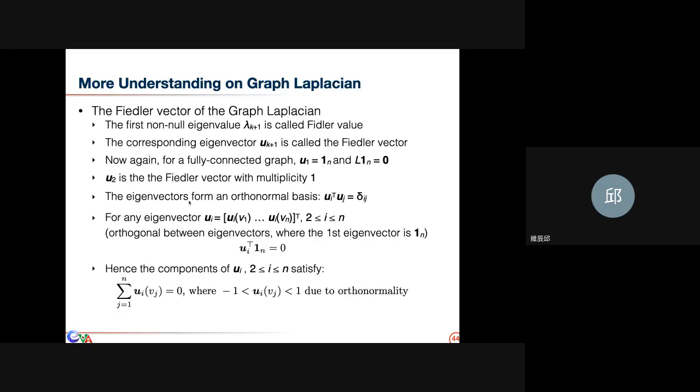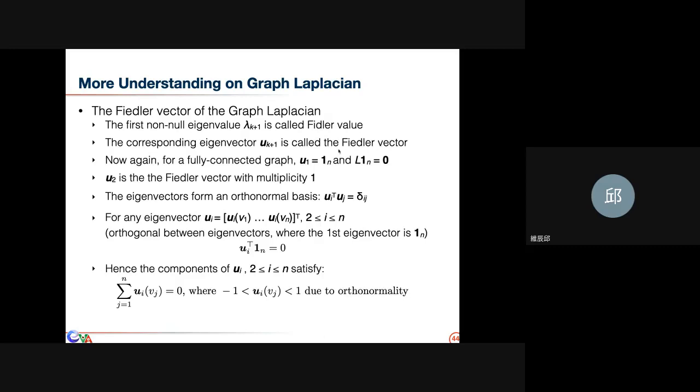The eigenvectors form an orthonormal basis. That is the basic property of the eigendecomposition: when you perform the eigendecomposition of a matrix, those eigenvectors will also be normal. That is what you should have learned from your linear algebra courses.